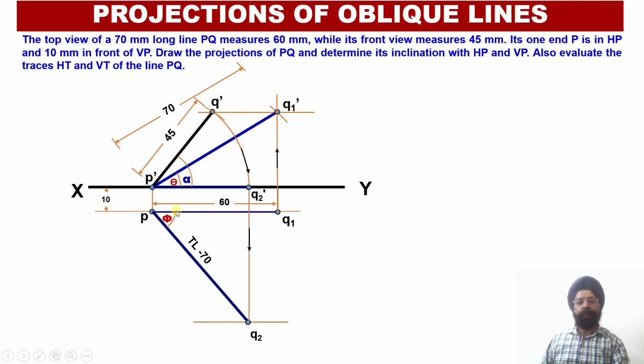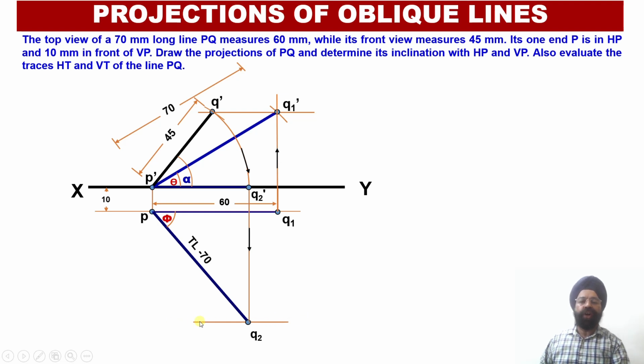Now I know that the projection, that is PQ, I can straight away obtain as such over here, because Q dash and Q should lie on one vertical line. But what I am going to do over here, I have already obtained PQ1 as the measurement of the length of the top view projection. Initially I had drawn this PQ1 parallel to the vertical plane. Now, with P as the center and PQ1 as the radius, I am going to draw a reverse arc over here, because I know that points Q and Q2 will be lying on the same horizontal locus line.